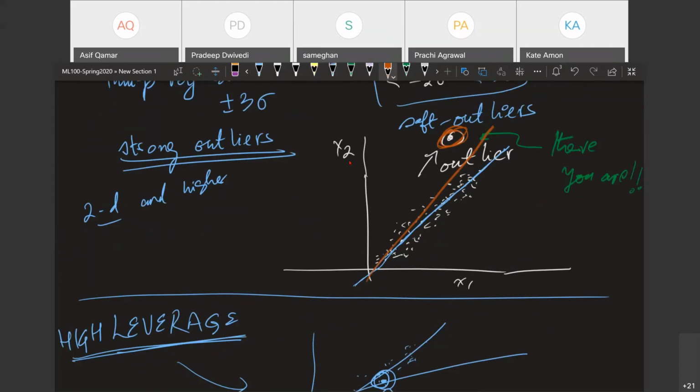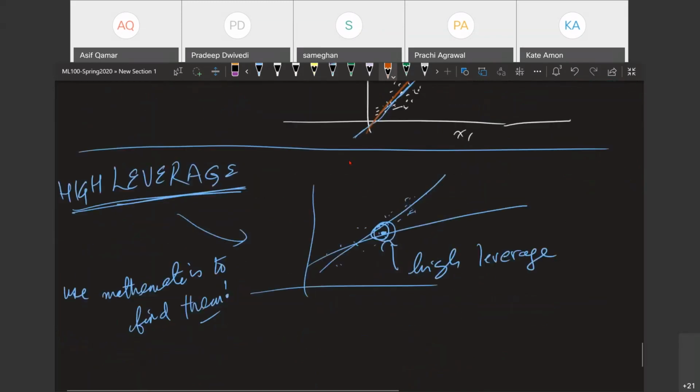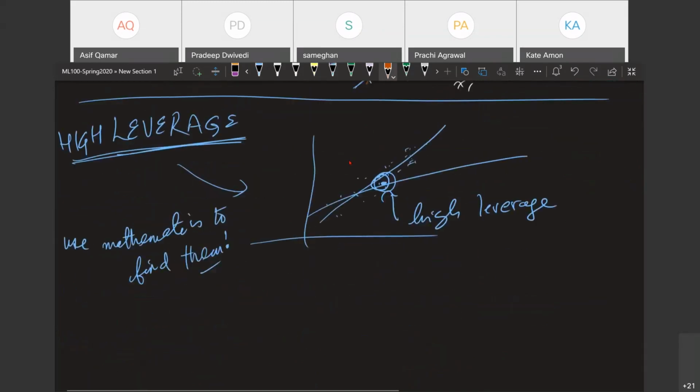Does this make sense, guys? Because this is also pulling the line. Do we understand that? Just a few outliers can distort your model and make it much worse. So outliers and high leverage points spoil your linear models, and you have to watch out for them.